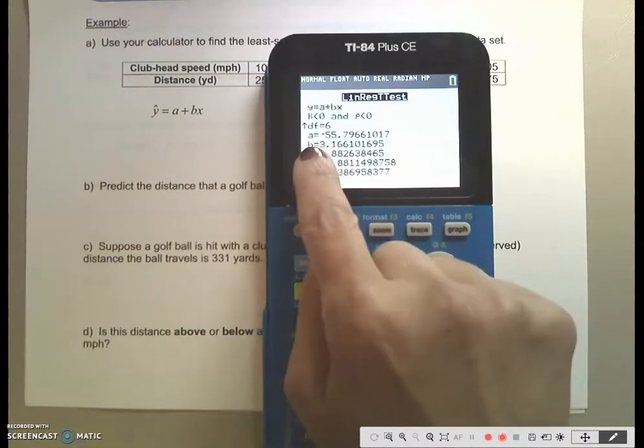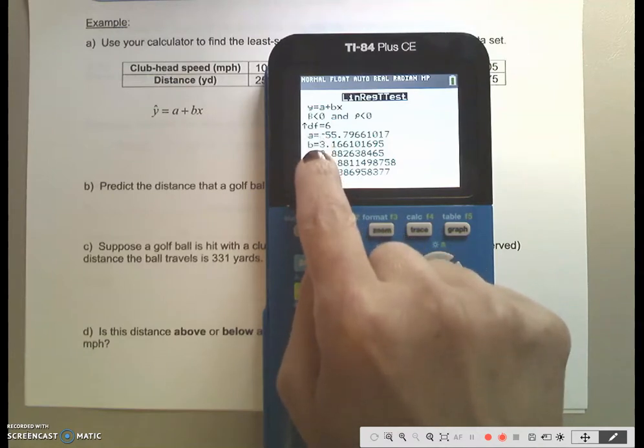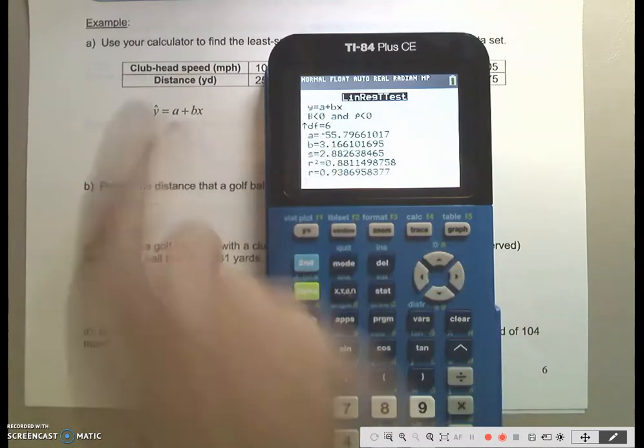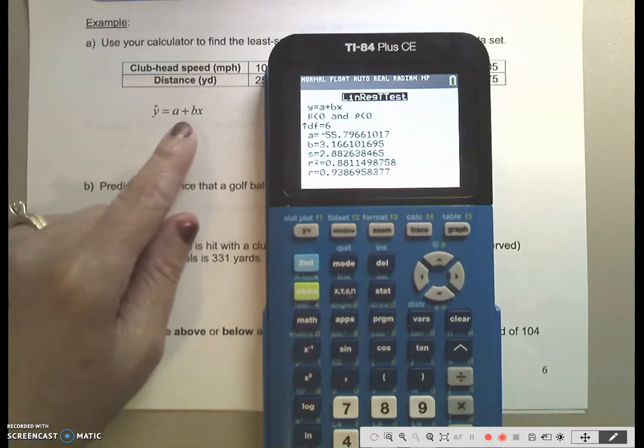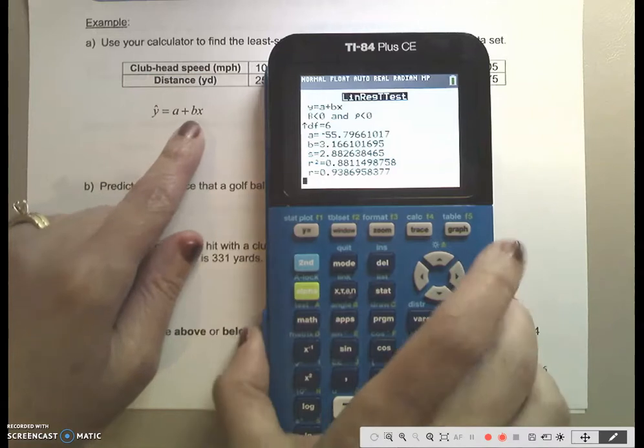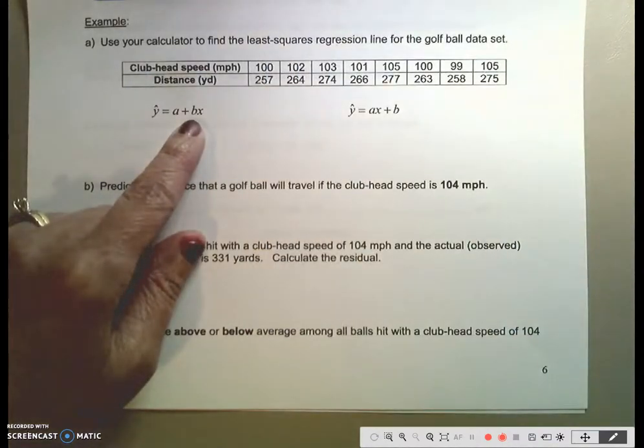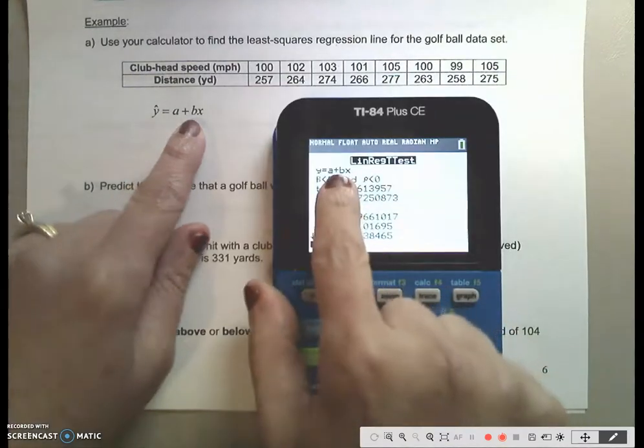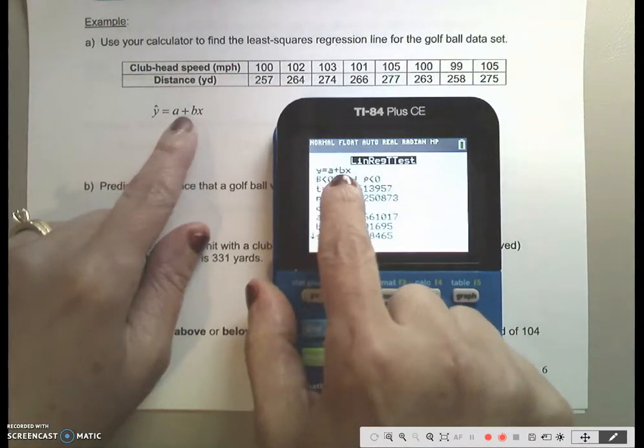And now today we're interested in A and B. A and B we're going to put together and create our line. Your line can look like this, A plus BX. Well, it depends on which calculator you use. Let me see what this one has. Okay, if you go here, it says A plus BX.